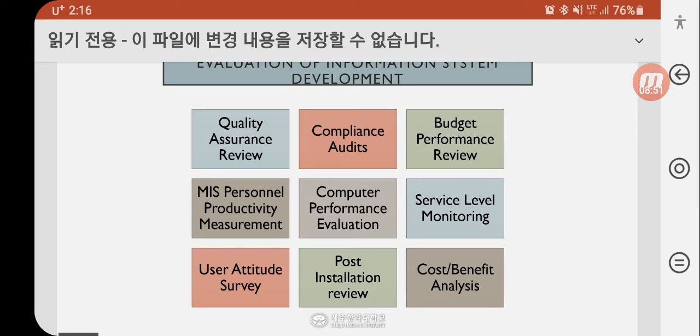Quality assurance review, compliance audit, budget performance review, MIS, management information system, personal productivity measurement, computer performance evaluation, service level monitoring, user attitude survey, post-installation review, cost-benefit analysis.